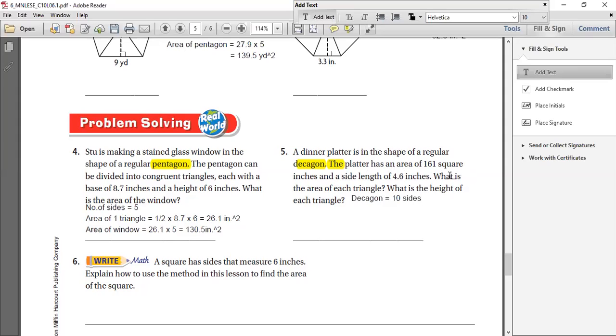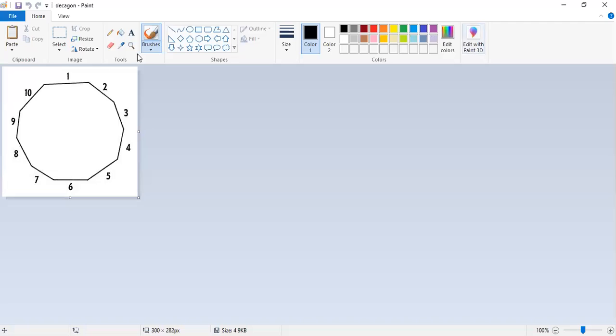What is the height of each triangle? So this question has two questions in itself. One is, what is the area of each triangle? So we need to find the area of each triangle. And also they're asking, what is the height of each triangle? So now if I put the question in the form of a picture, it will look like this. Okay, so this is how a decagon looks like. I did not want to draw it because it's not easy to draw.